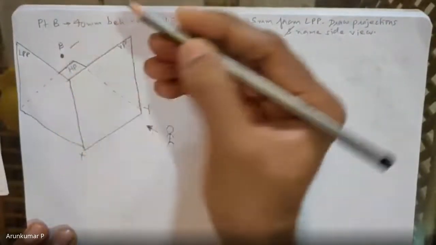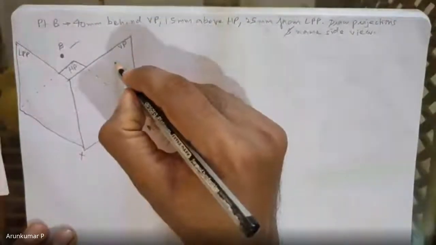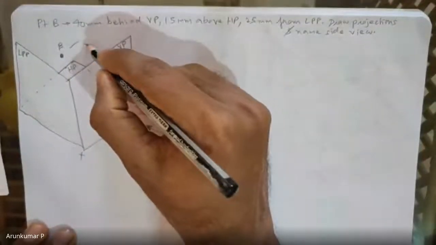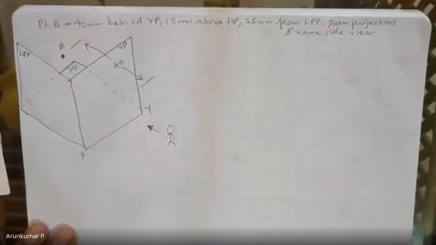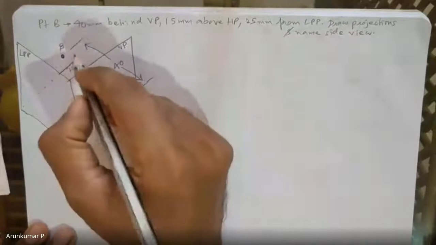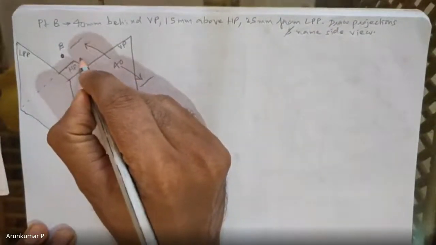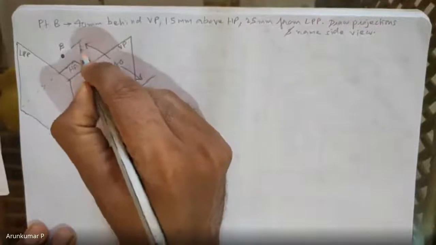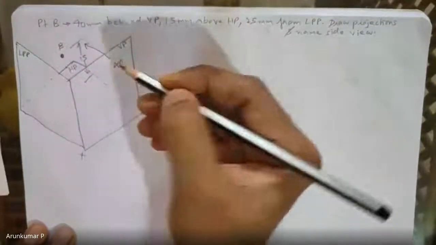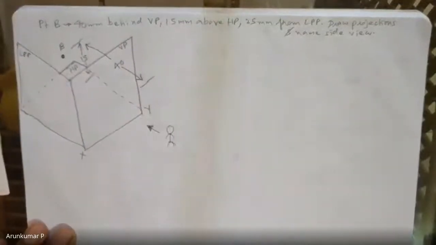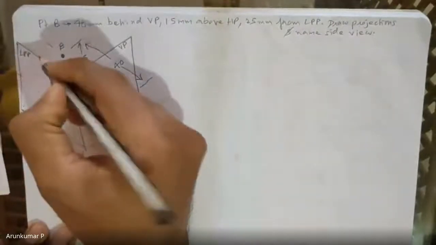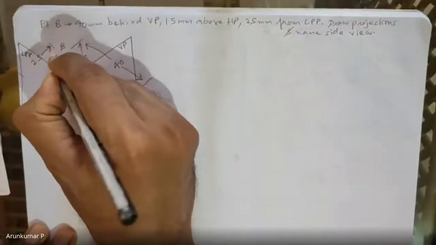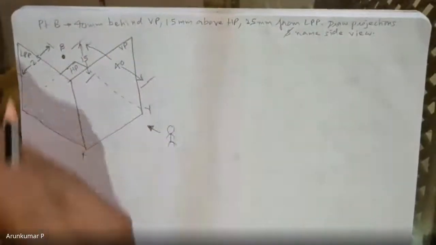This point B is 40 mm behind VP. This point B is 15 mm above HP, and this point B is 25 mm from LPP.